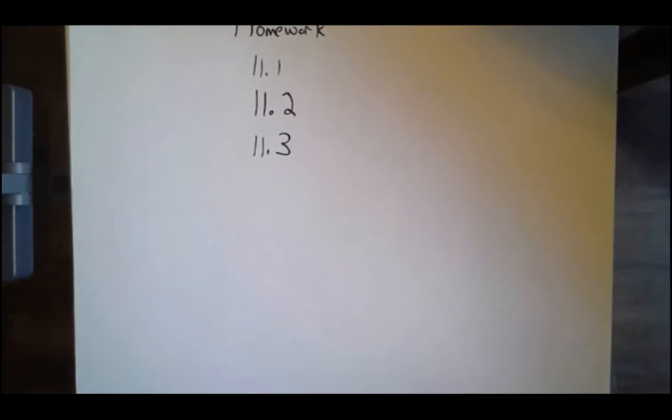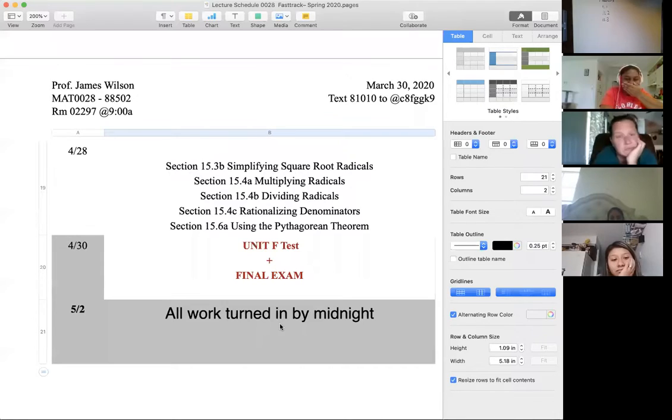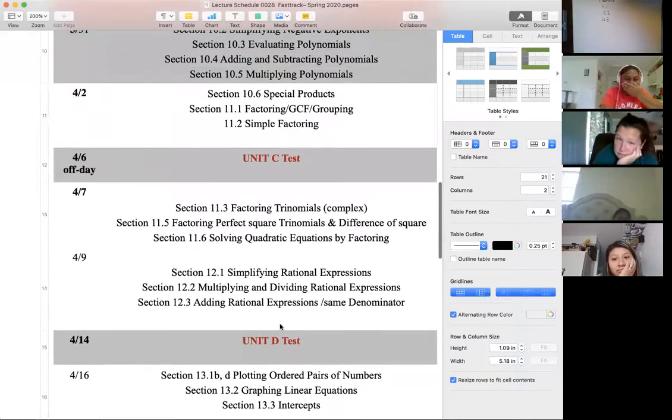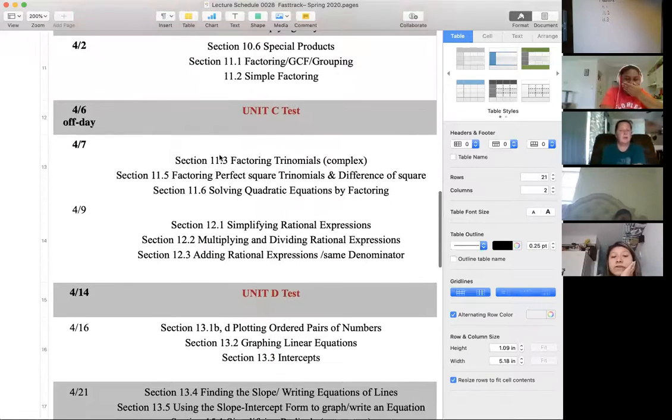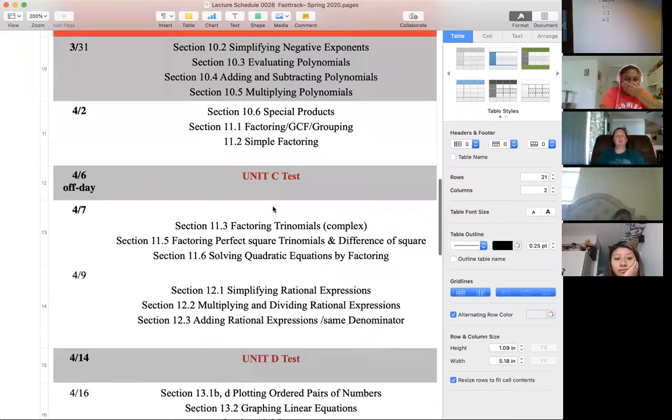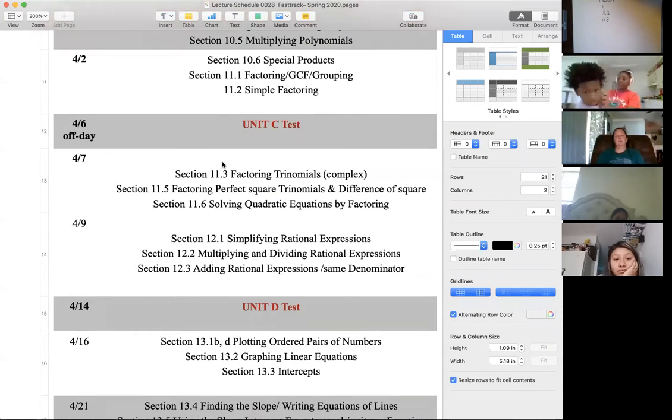The next test, according to the schedule, I was supposed to do 11.3 today. Oh, I'm way behind.